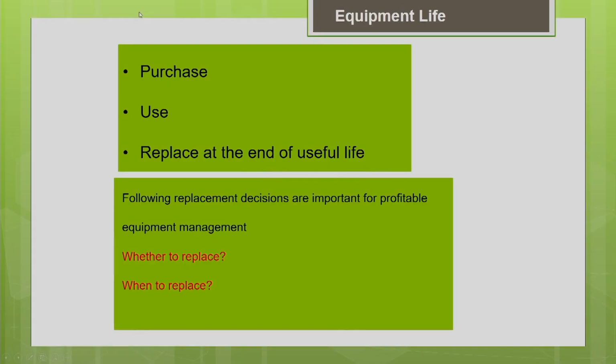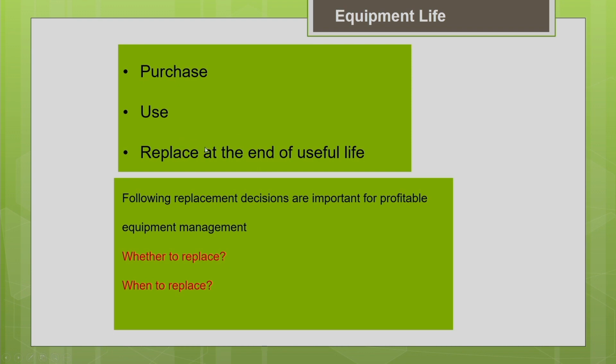So, equipment life. Basically, there are different phases in the equipment life, as everyone knows. It starts with the purchase of the machine. We purchase the machine first, then we start using it. As the machine ages, it will be subjected to more wear and tear. Once it is totally worn out, when it comes to the end of the useful life of the machine, we go for the replacement of the machine.